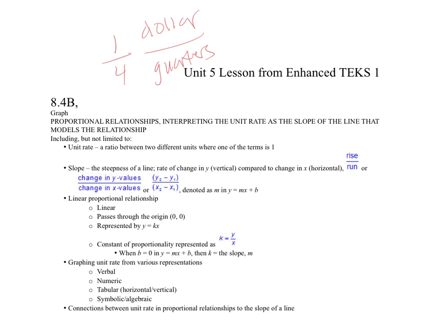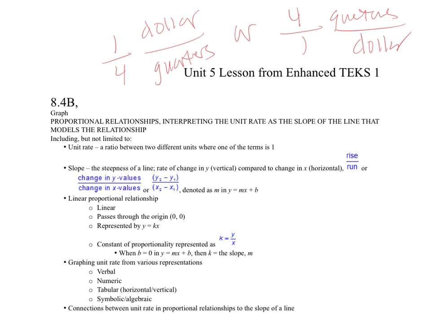That's what we call a unit rate, or we could say 4/4 to $1. So that's what the author means when he says a ratio between two different units where one of the terms is 1.